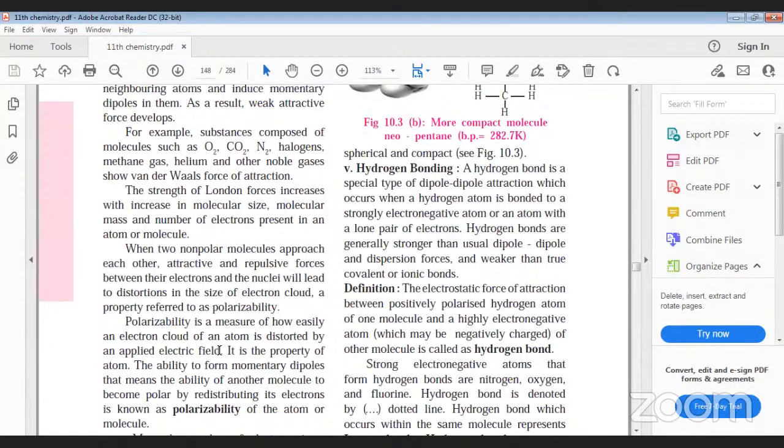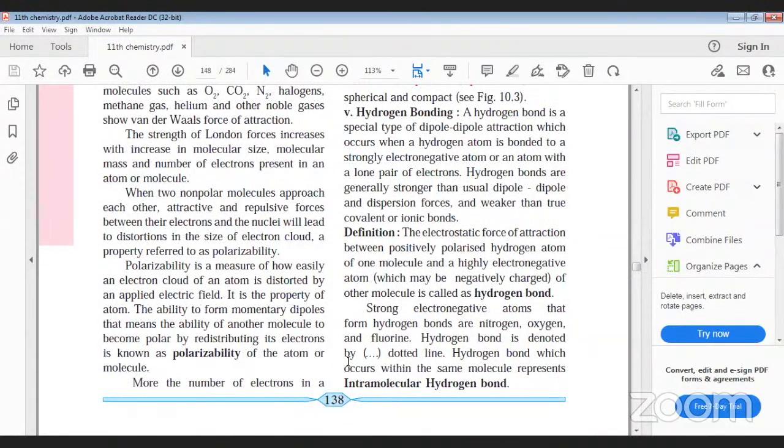If I apply an electric field and keep a molecule in between, then due to the applied electric field, the cloud of that particular atom will get distorted and shifted. The ability to form a momentary dipole, that is, the ability of a molecule to become polar by redistributing its electrons, is known as the polarizability of an atom or a molecule.